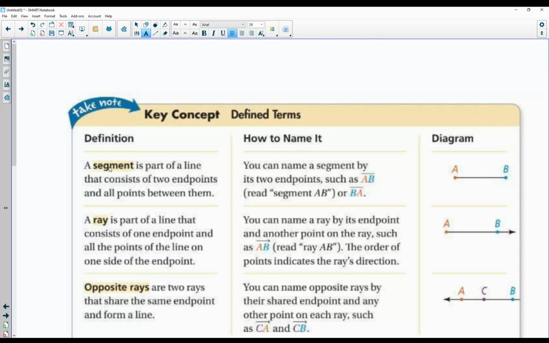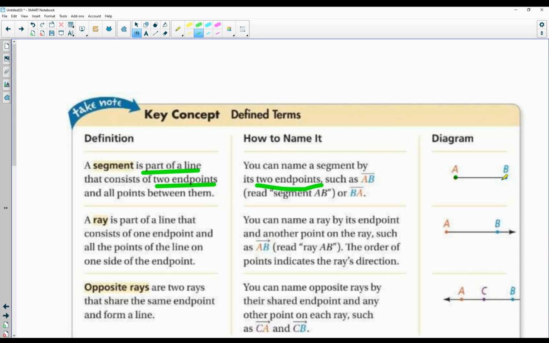First is a segment. A segment is just a piece or a part of a line. Most importantly, it has two endpoints. Segments can be measured. So a segment is like a start and an end, you can measure it, whereas the line goes on infinitely in both directions, so you cannot. What's nice about a segment is there's really only one way to name a segment, and that's by using the two endpoints.